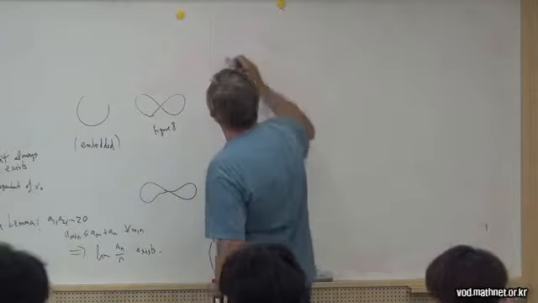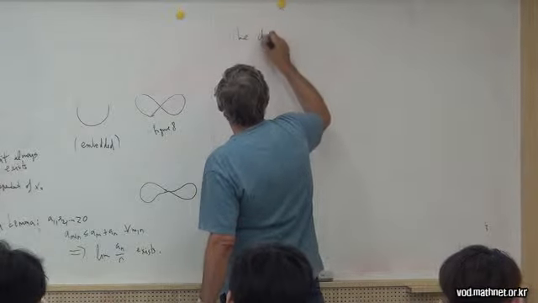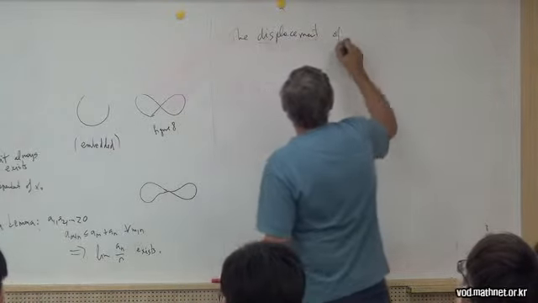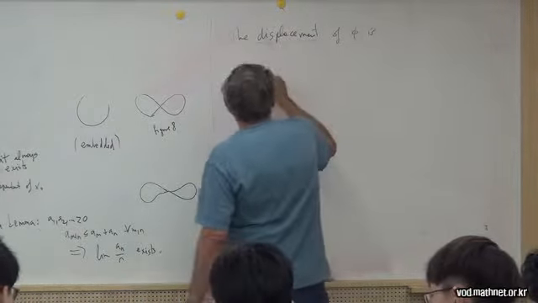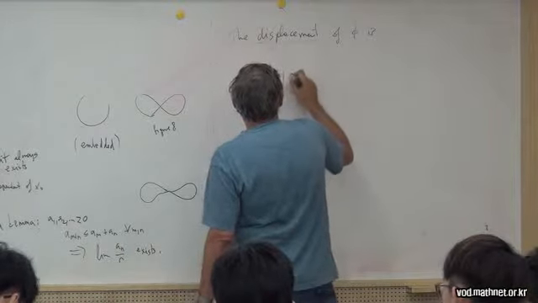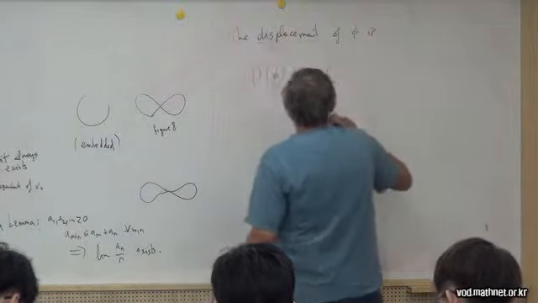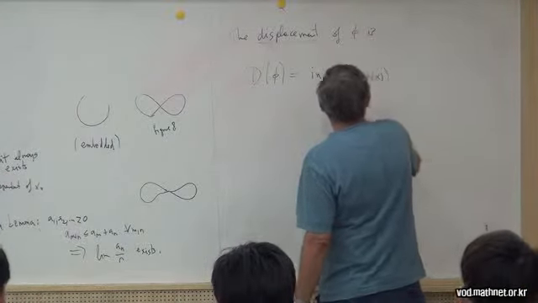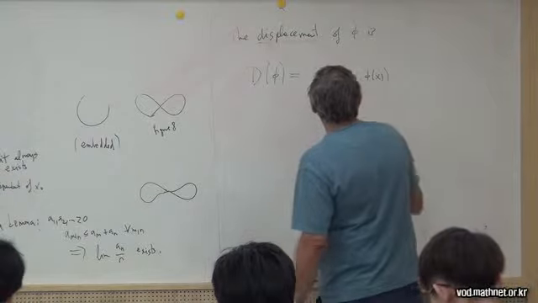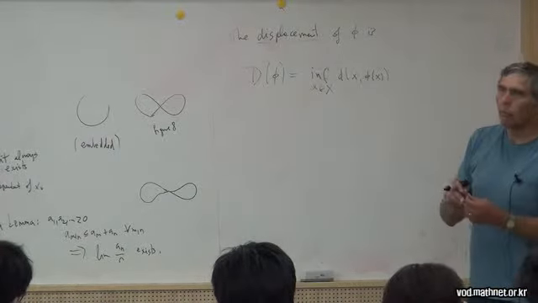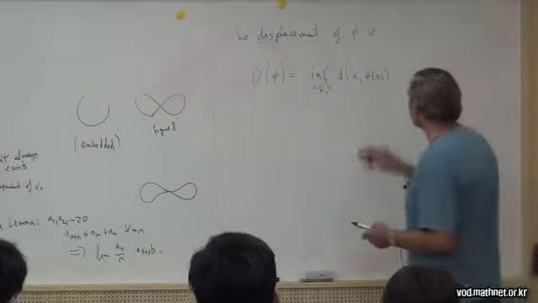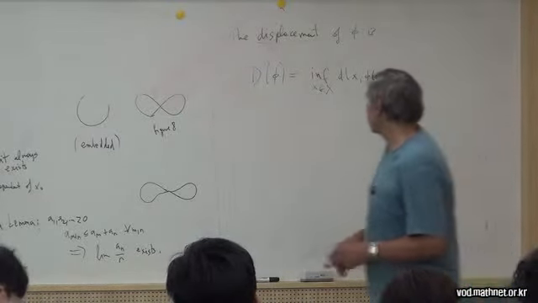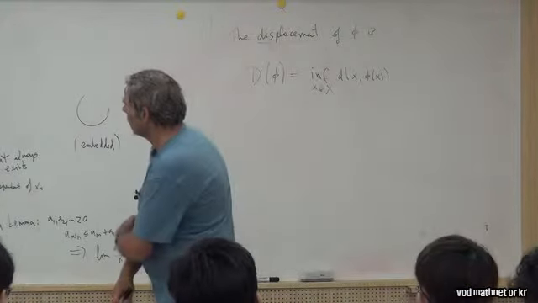So I just want to look at the minimal displacement. The displacement of phi, d of phi maybe, is the infimum of the distances between x and phi of x when x is in X. So you want to minimize the distance between a point and its image, and well, you don't know that the infimum is realized, but that's the displacement.